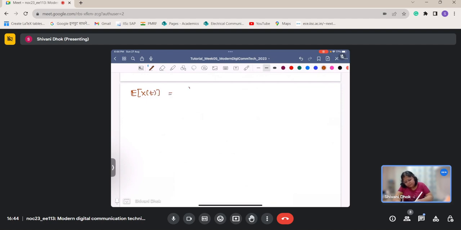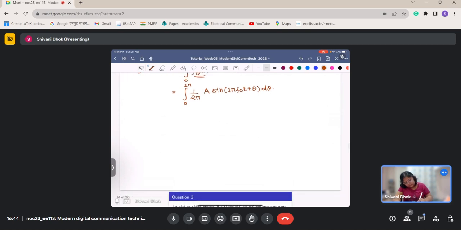That will be simply the integral from 0 to 2 pi of f of theta into x(t) d theta, and f of theta is simply 1 over 2 pi, and x(t) is A sine of 2 pi fc t plus theta, d theta.